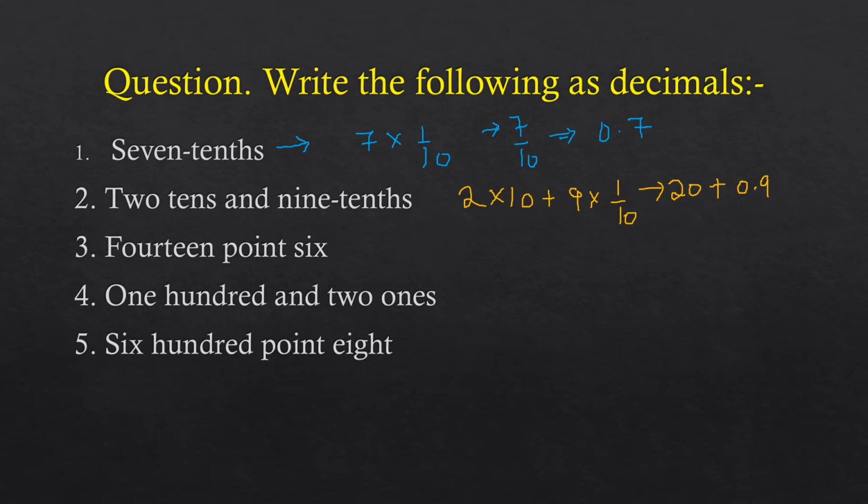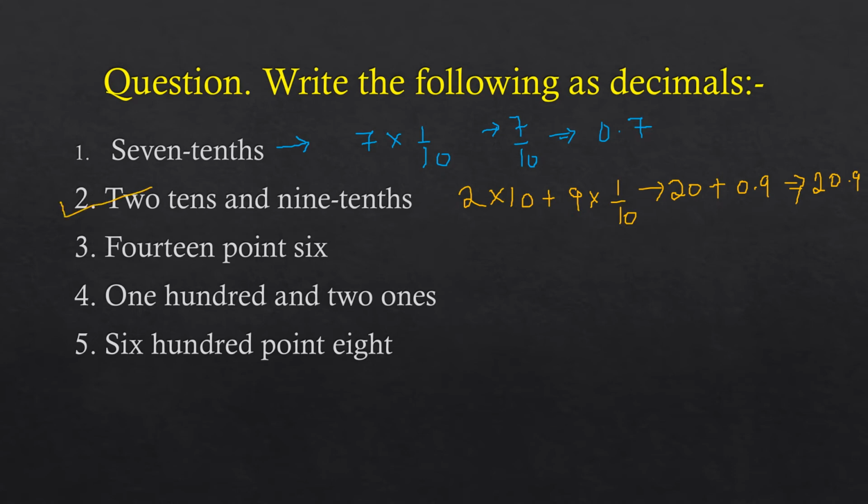When we add both 20 and 0.9, this will give us 20.9. You must know how to add decimals. If you don't, we will make another video for addition and subtraction also. So this is the decimal form for this question.